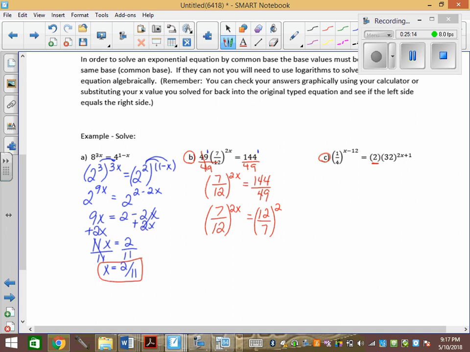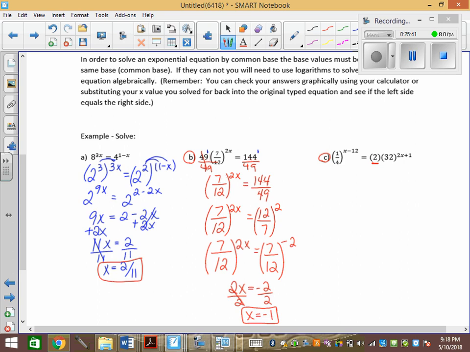Now, they look the same, but they're reciprocals of each other. So if I raise the 12 over 7 to the negative 2 instead, so put a negative 1 up here, then it'll be 7 over 12. So I'm going to get 7 over 12 to the 2x equals 7 over 12 to the negative 2. And now I can solve it. 2x equals negative 2 divided by 2. X equals negative 1.